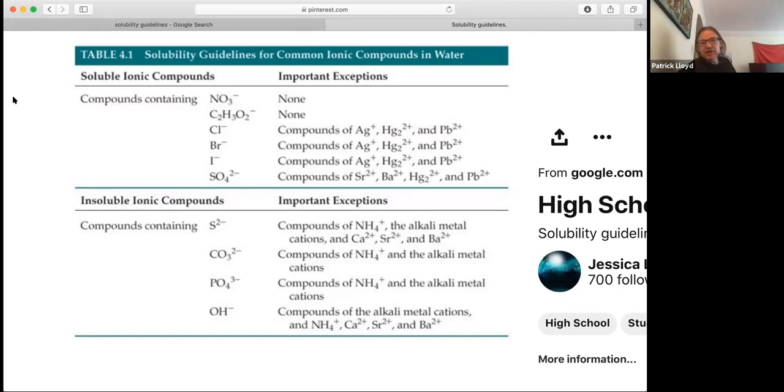Now that's significant because what that tells you is that if you add chloride to water, it will react with lead to form a precipitate. So when it says important exceptions, what that's telling you is that the anion, chloride for example, if you combine it with any of those metals, it will precipitate out. So this actually gives you a good way to get rid of some toxic metals.